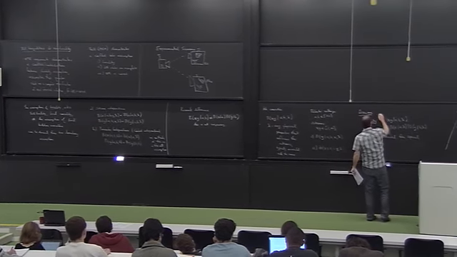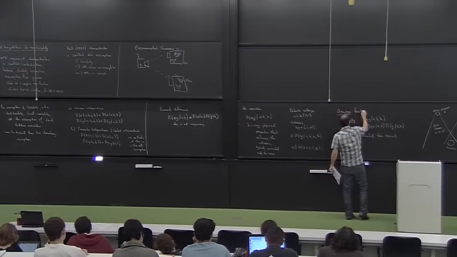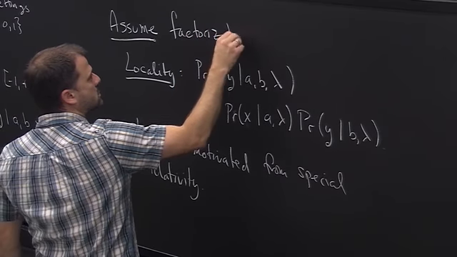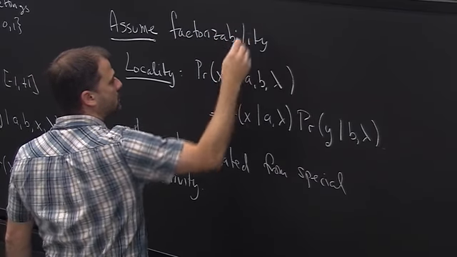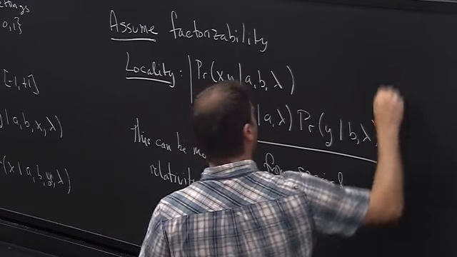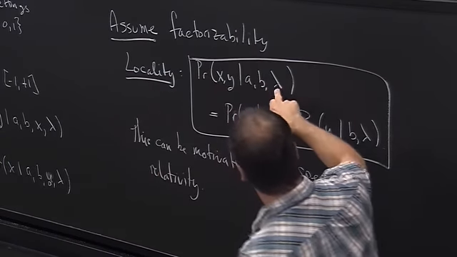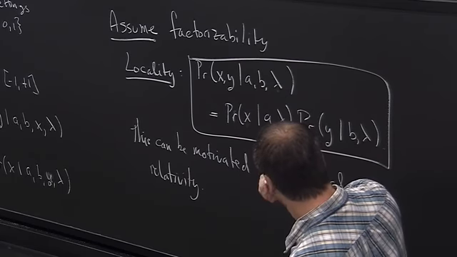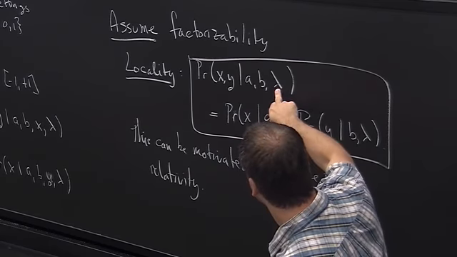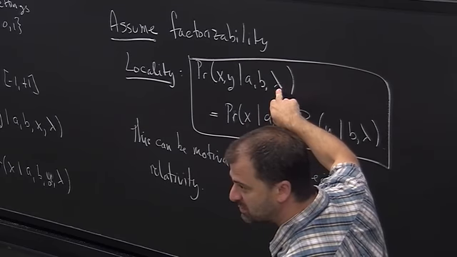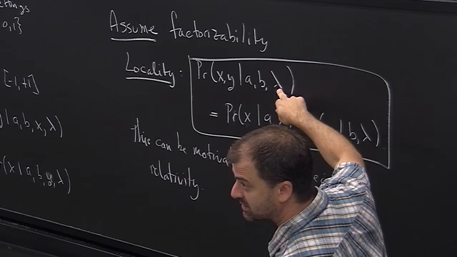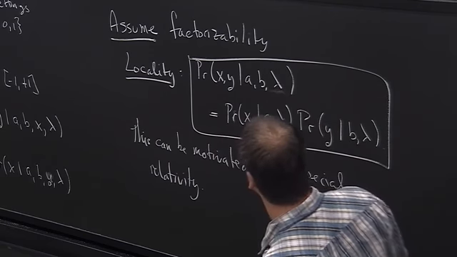this factorizability condition, is saying we're conditioning on all the possible physical influences that are relevant, are included in the probability.